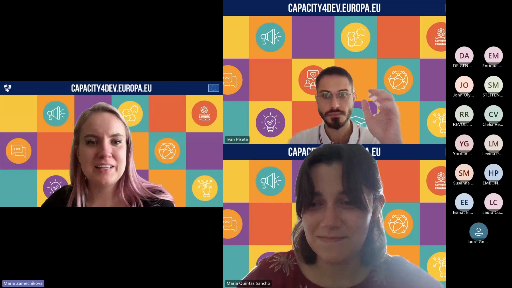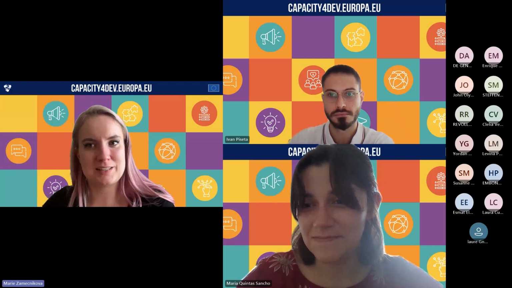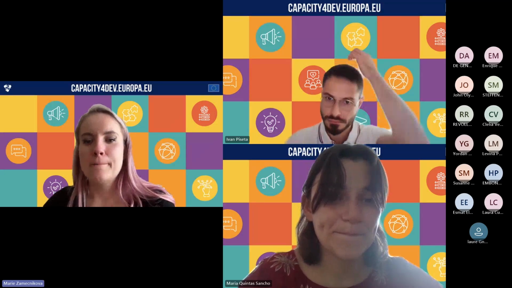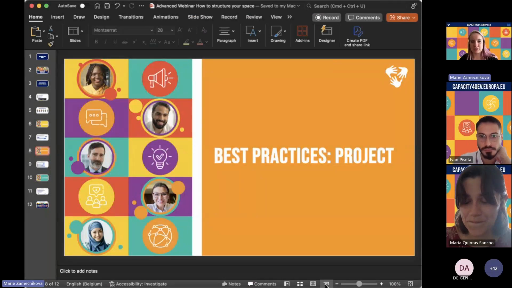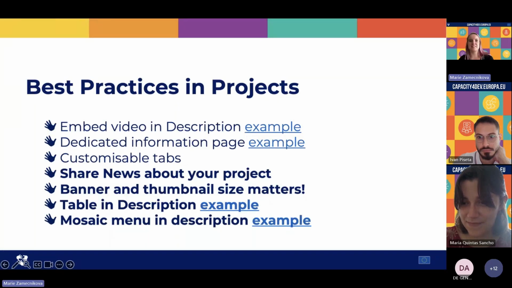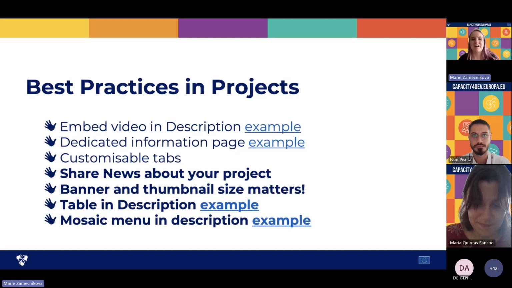So now we can move to the projects, because I think that there are some people who are also project managers. So what are the best practices in the project? We will be covering, for example, how to embed video in the description, because this is definitely one of the best practices I enjoyed the most. Then you have the dedicated information page.